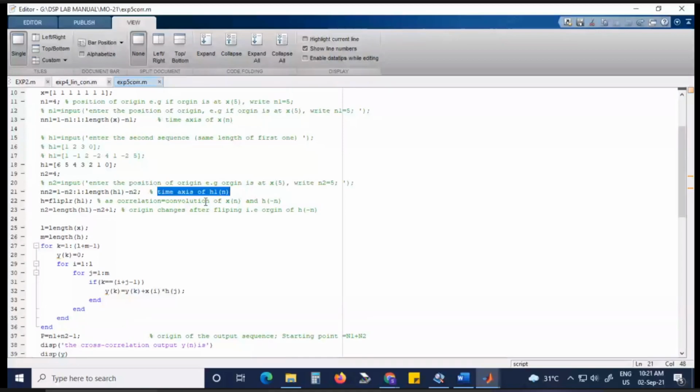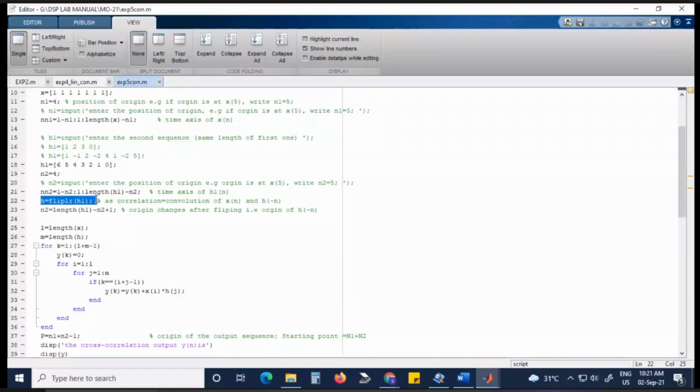n2 is the time axis of the second sequence, and it also starts from 1 minus n2, that is 1 minus 4, that is minus 3, to plus 3. Then I have written h is equal to flip lr.